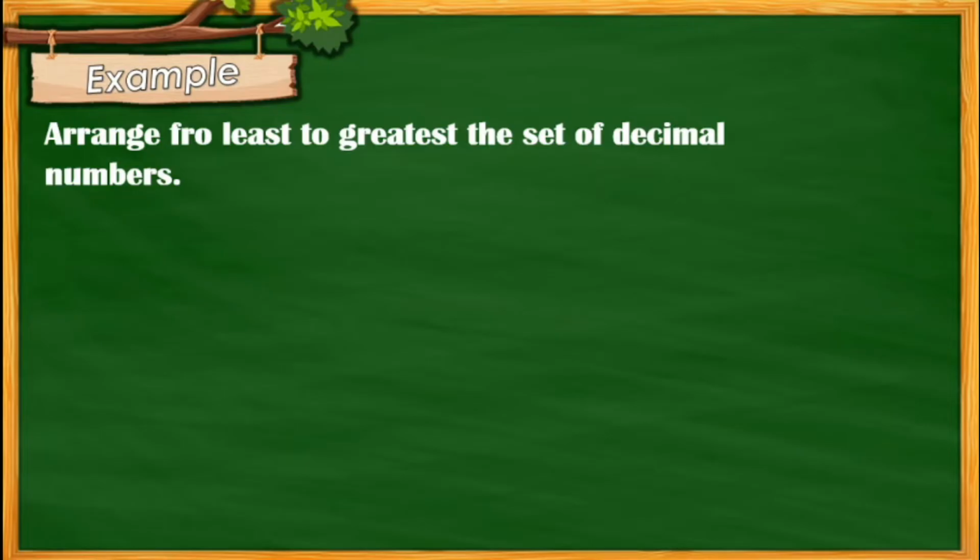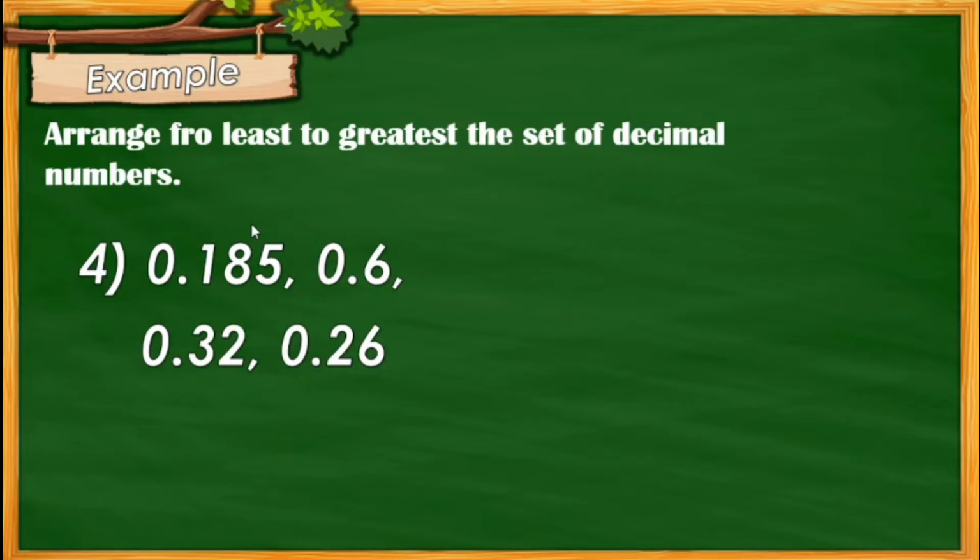Next, this time you're going to arrange from least to greatest the set of decimal numbers. So this would be the example. We have 185 thousandths, 6 tenths, 32 hundredths, 26 hundredths. Now, in arranging these decimals, again, we're going to use the table.